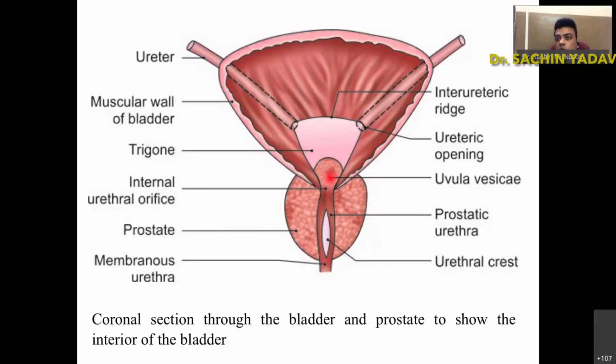This elevation is present due to the entering of the ejaculatory duct from the posterior bladder, which opens into the prostate gland. You can also see how the ureter is opening into the bladder.